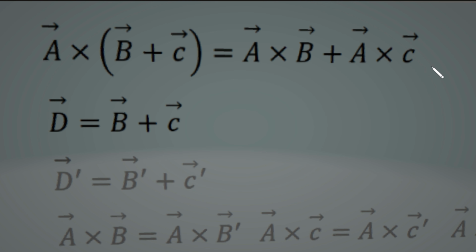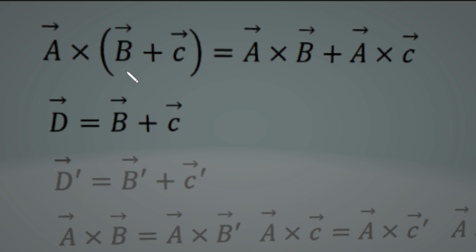To prove this, let us take the left hand side of the expression. Then it is a vector, obtained by cross multiplication between two vectors: one is A bar, the second is the sum of B bar and C bar vectors.